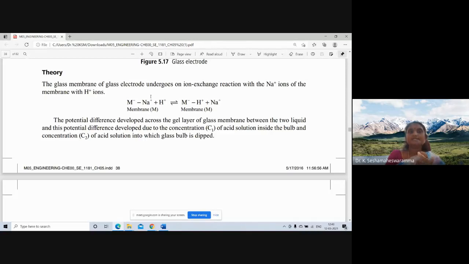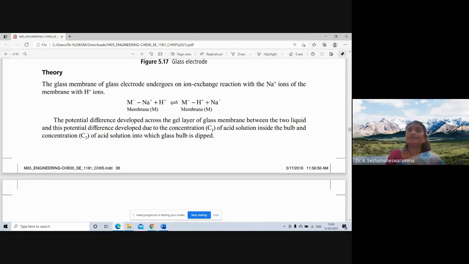So the reaction happening here is an exchange of hydrogen and sodium.